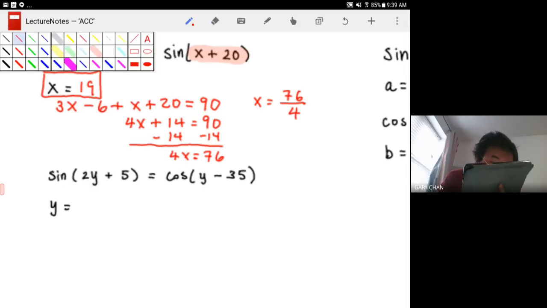Kelvin, can you tell me what is the relationship between these two things that I'm highlighting in green? Are they going to be the same, or do they add up to something?